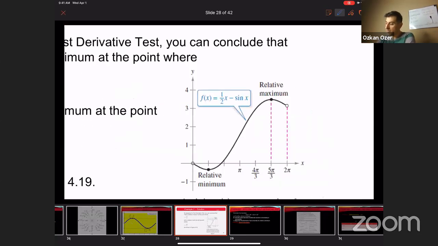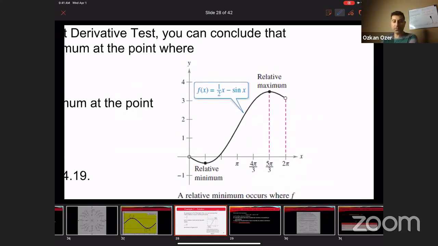So you should probably get something like this. I'll give you like 20 seconds to convince yourself. So you simply graph the function 1/2 x minus sine x for x min to be 0, x max to be 2 pi. And then you have punches here because you are given an open interval. So endpoints, in other words, are not included, so endpoints cannot be considered for relative extrema.